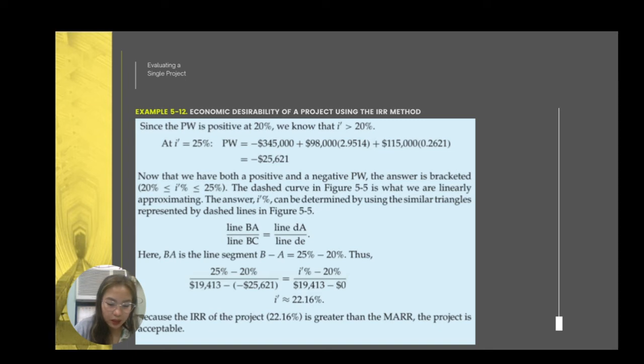At 25%, plugging 25% into the first equation gives a PW of negative 25,621. So at 20% it is positive and at 25% it is negative. Now that we have both a positive and a negative PW, the answer is bracketed, meaning it lies within this range.